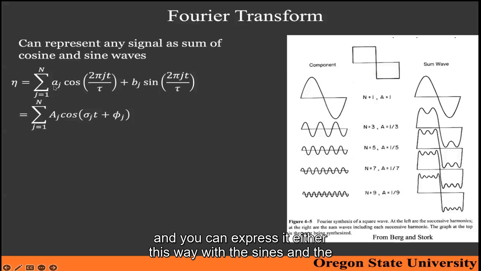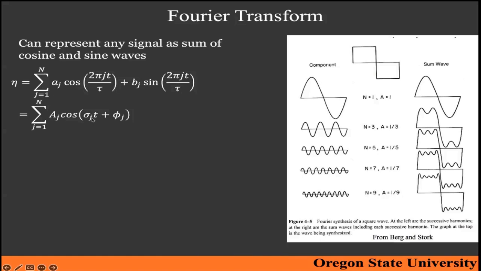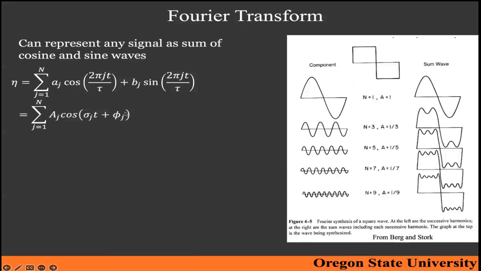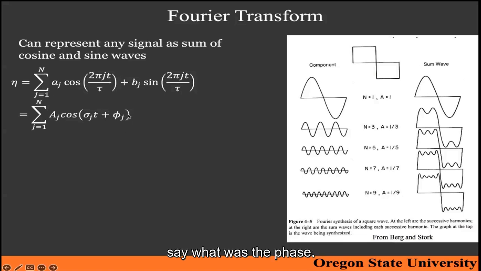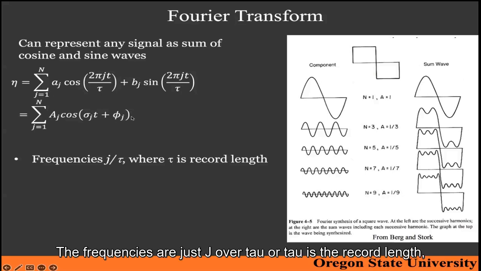You can express it either this way with the sines and the cosines, or equivalently as a magnitude, capital A, times the time variation with the frequency sigma, which is j over tau, and then some phase. So you can either use the cosine and the sine, or you can explicitly say what the phase was. The frequencies are just j over tau, where tau is the record length.